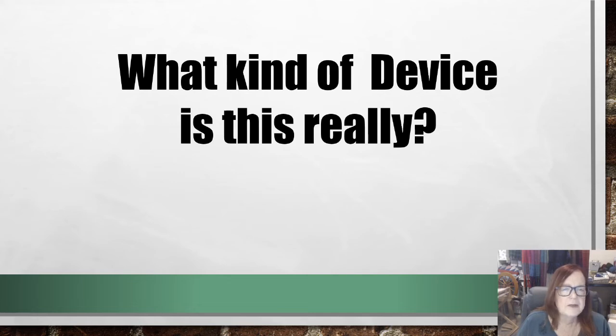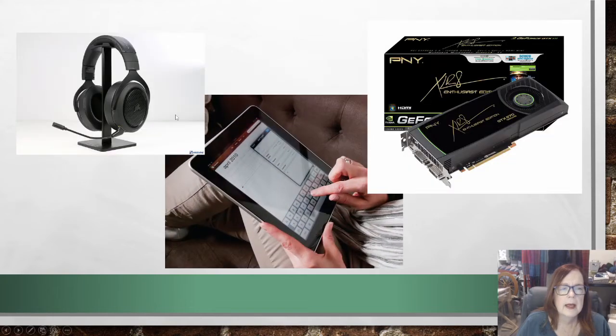Then we have some devices that may be kind of hard to categorize, like the headset. The mic part is an input device, but the headphones are an output device because they're getting audio output. Okay? That touchpad is an input device, but it's also an output device because it's a monitor.